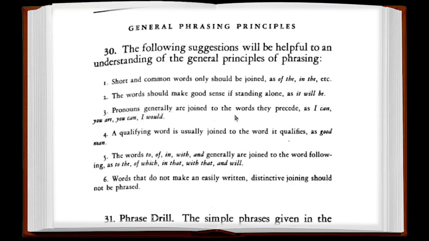Pronouns generally are joined to the words they precede, as I can, you are, you can, I would. 4. A qualifying word is usually joined to the word it qualifies, as good man. 5. The words to, of, in, with, and generally are joined to the word following, as to the, of which, in that, with that, and will.